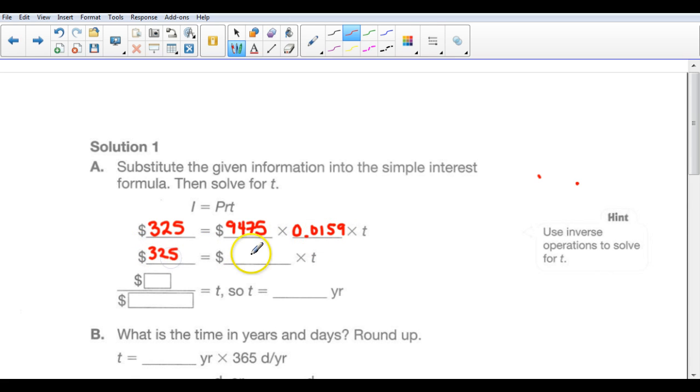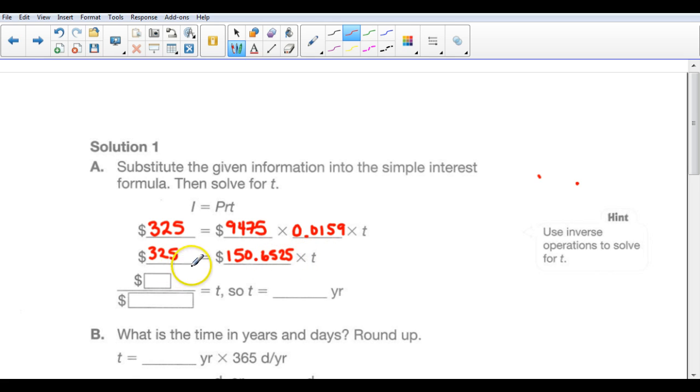325 is equal to 9,475 times 0.0159, which turns out to be 150.6525. We're going to take it to 4 decimal places because we want our time to be as accurate as possible. The more decimal places you take it to, the more accurate it is. Times t for time.